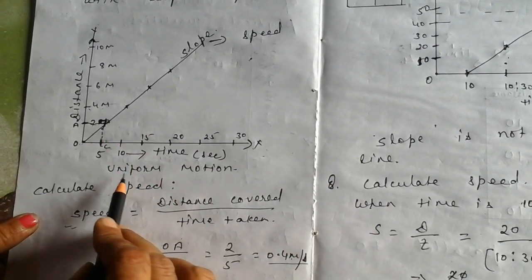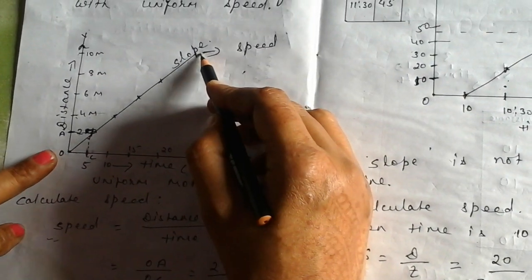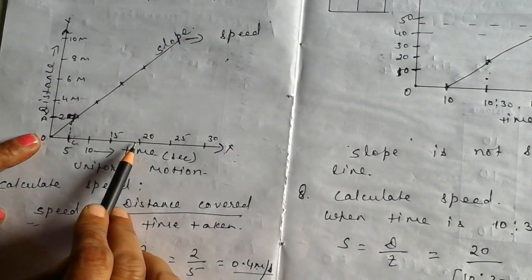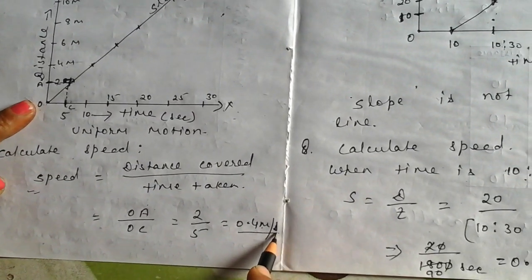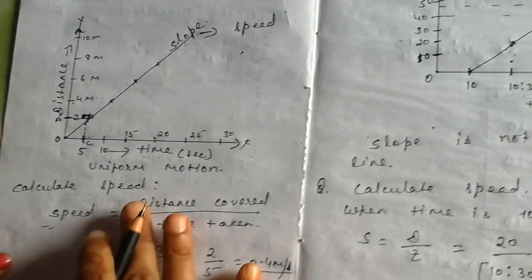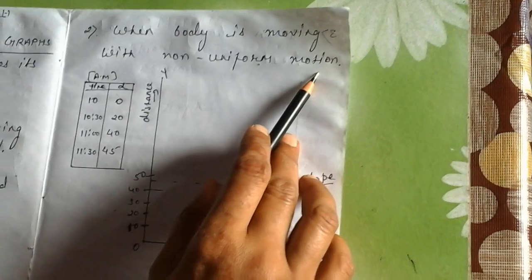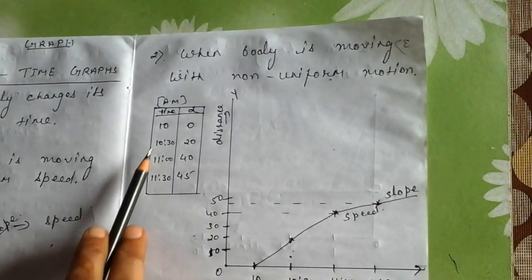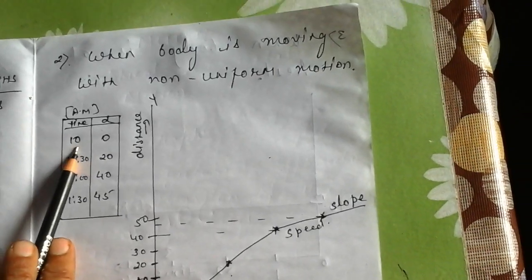This graph is of uniform motion because its slope is a straight line. At every time, every second, you can calculate the speed. Every time you will get 0.4 meter per second. Next, when the body is moving with non-uniform motion, I have given you one question. When time is 10 o'clock, distance covered is 0 meter.